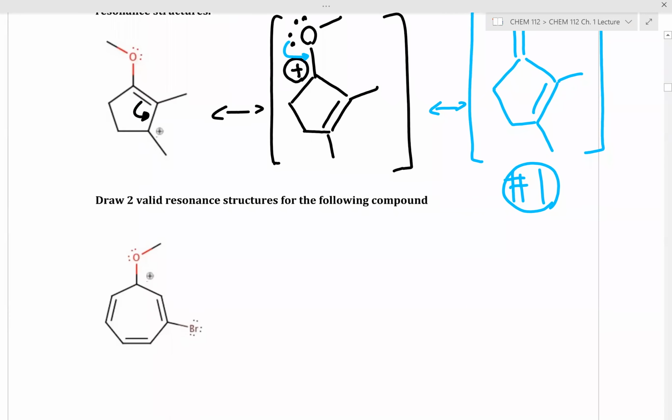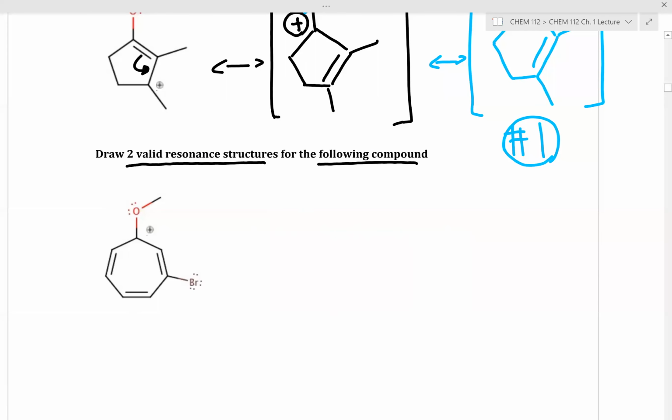So I want you to draw at least 2 valid resonance structures for the following compound. And this is a very fun system to talk about because this question actually gets way harder the more information you know. But for now, we'll just follow our rules for resonance structures and draw 2 valid resonance structures.